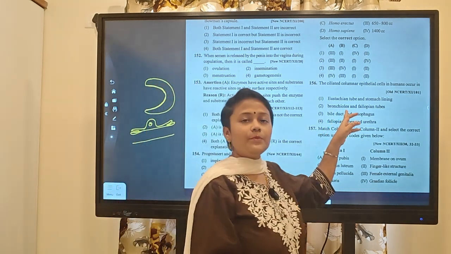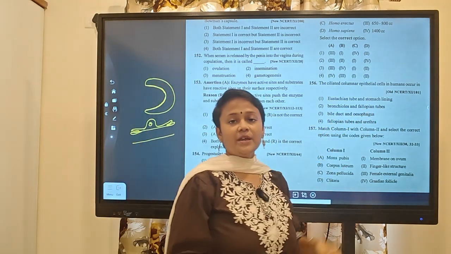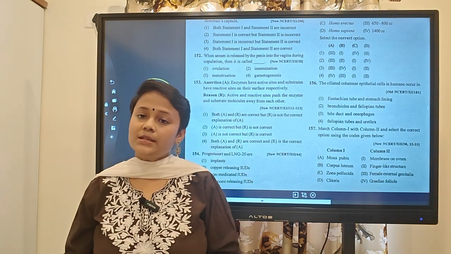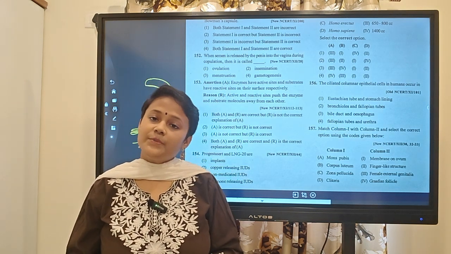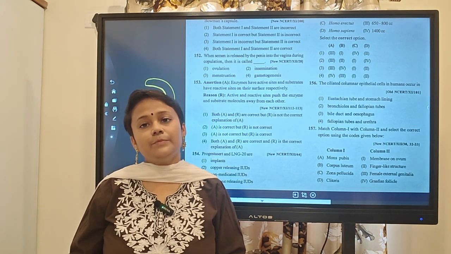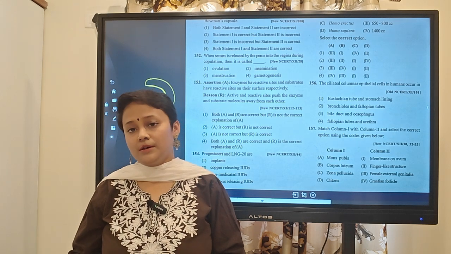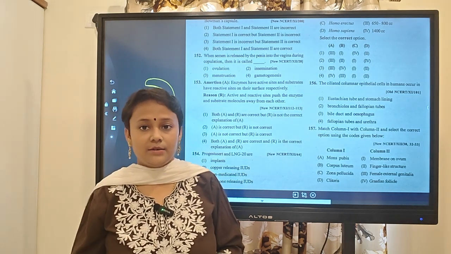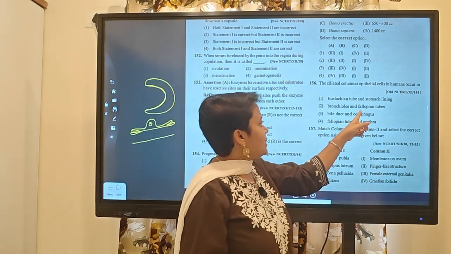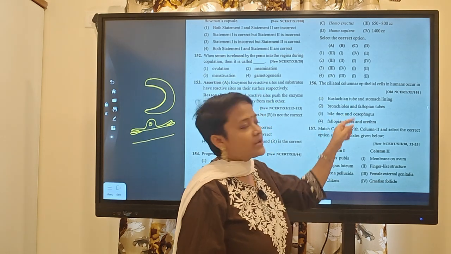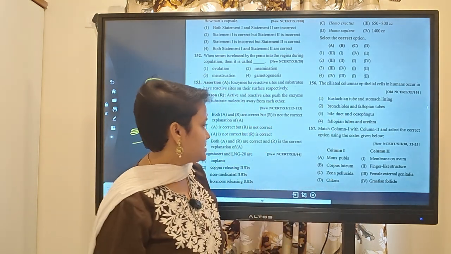So bronchioles will be the answer. And fallopian tubes. By the beating of cilia, the ovum will be transferred from the fimbriae into the fallopian tube, right? So the answer will be bronchioles and fallopian tubes.